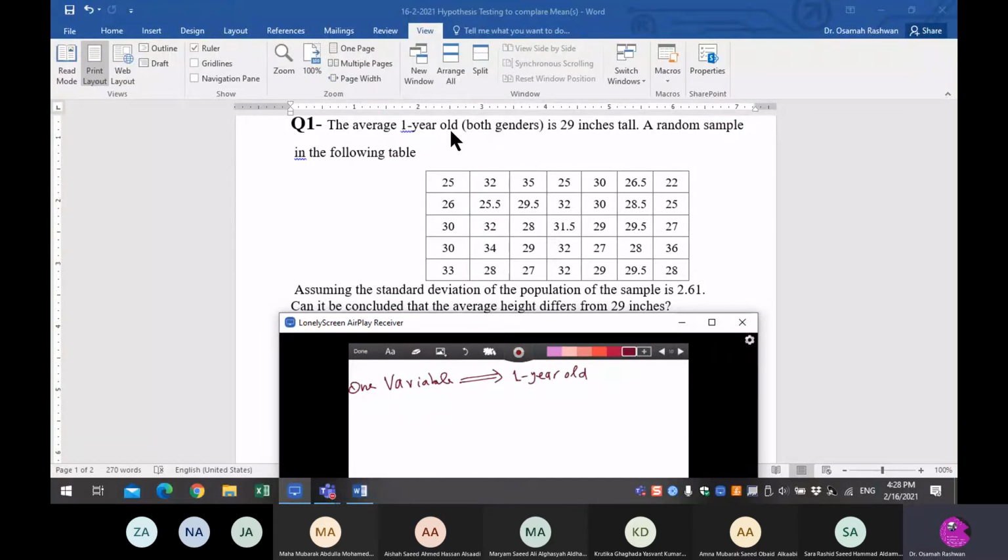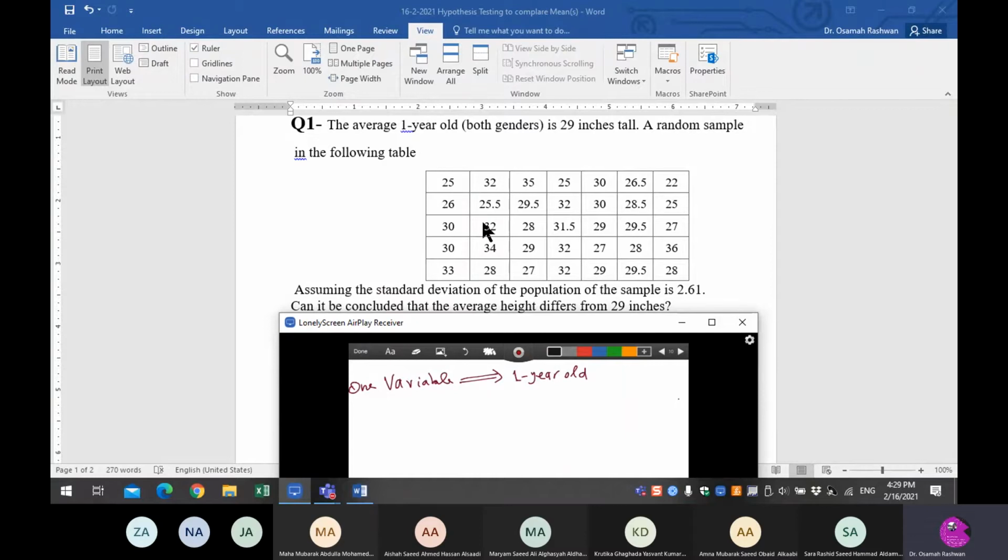Is your variable ratio, interval, nominal, or ordinal? Ordinal means you have names, colors. This is the value of your variable.